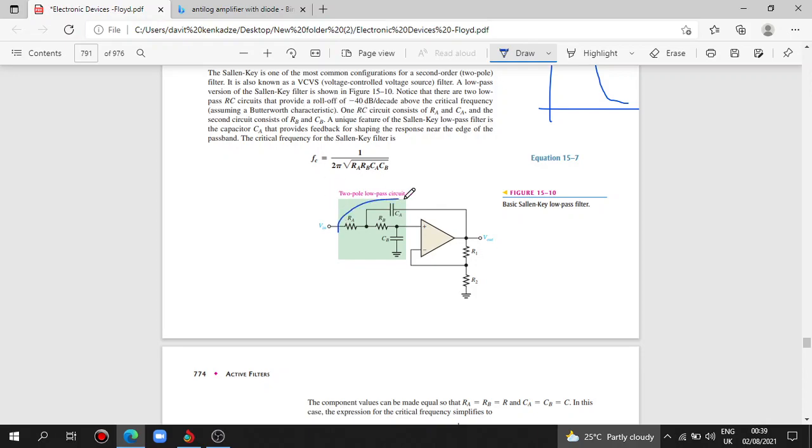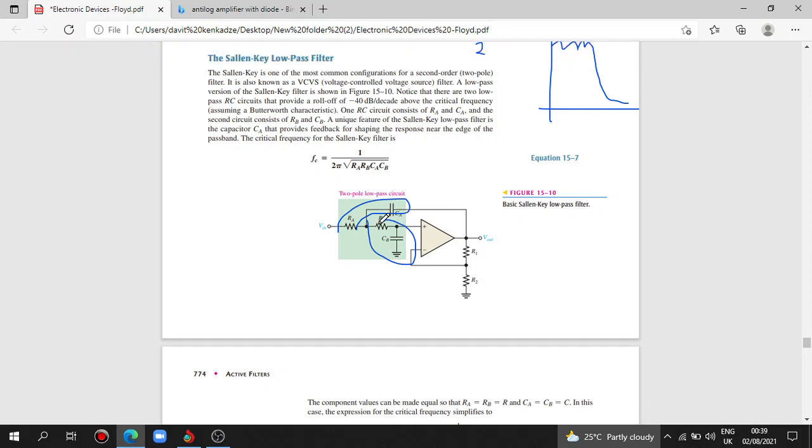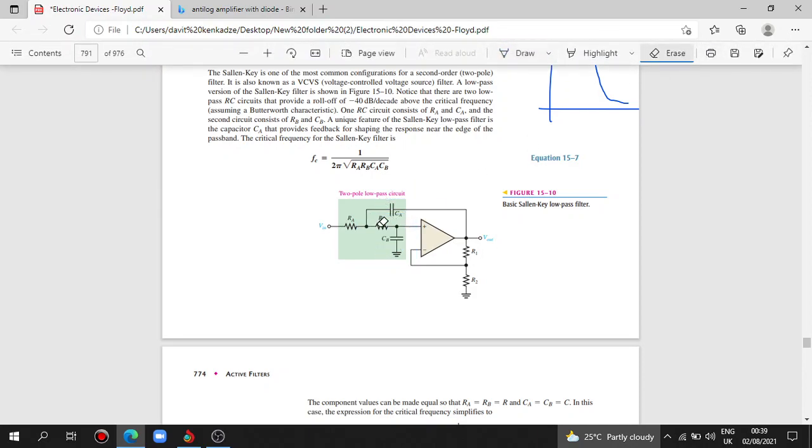Here is the low pass filter and here is the high pass filter.